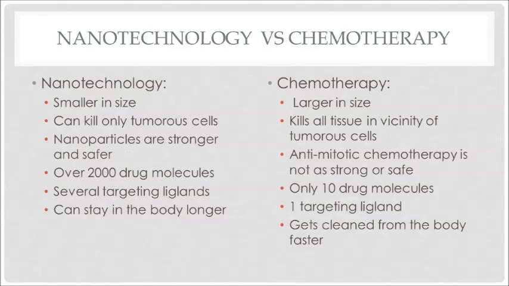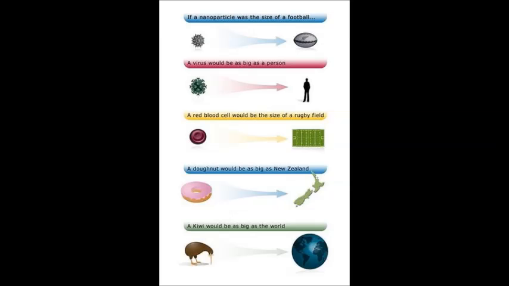There are many differences between nanotechnology and chemotherapy that make the use of nanoparticles in cancer treatment a better option, such as the small size. The nanoparticles can be distributed throughout the body quicker. They can be taken into the cell more easily than larger drugs in chemotherapy.